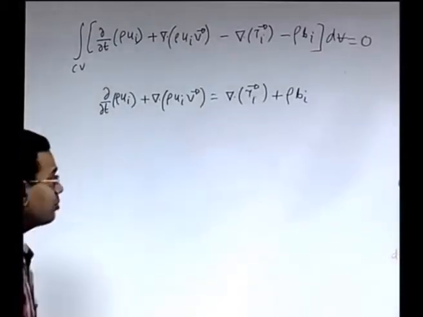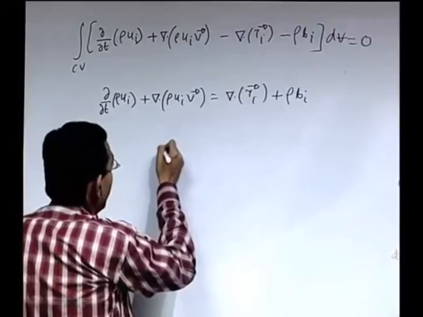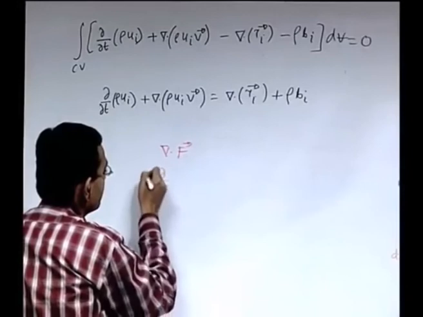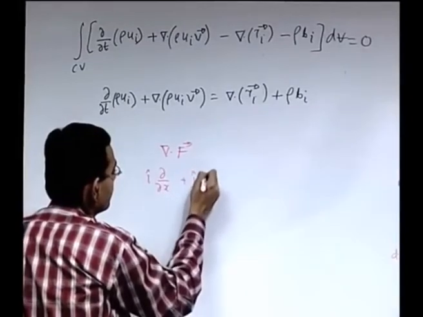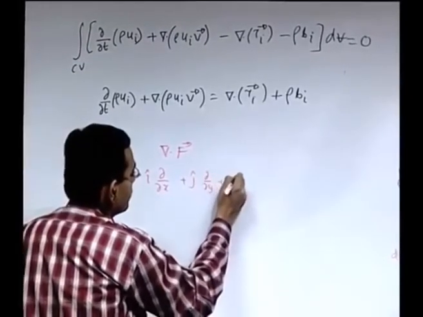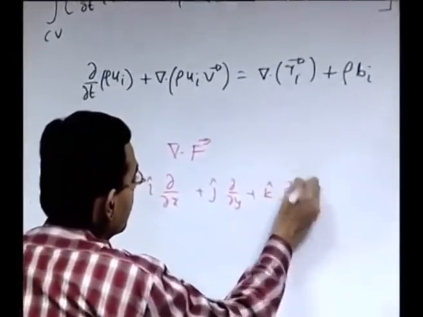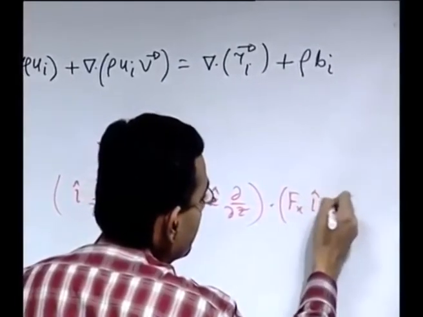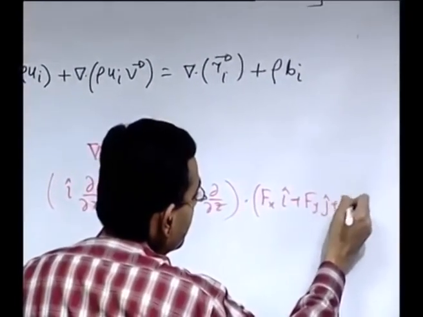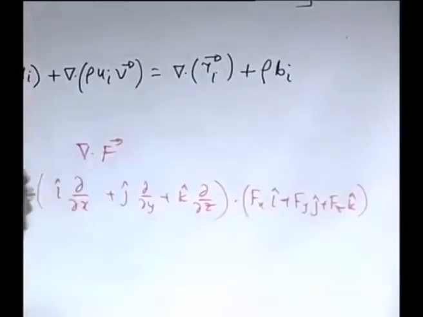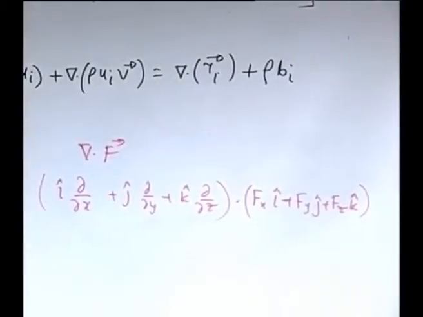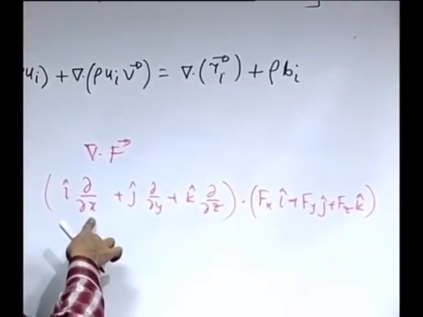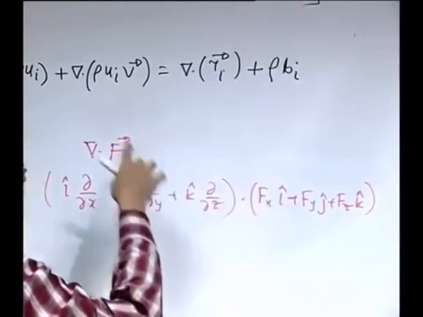Let us say that we are considering the divergence of some vector f. You can see that its x component is partially differentiated with respect to x, y component with y and z component with z.